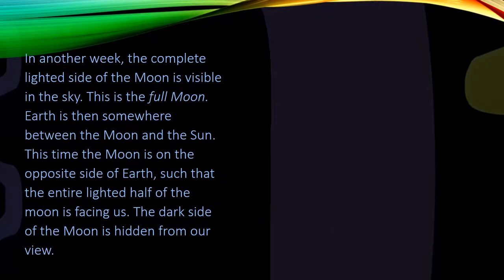In another week, the complete lighted side of the moon is visible in the sky. This is the full moon. Earth is somewhere between the moon and the sun. This time the moon is on the opposite side of the Earth, so the entire lighted half of the moon is facing toward us. The dark side of the moon is hidden from our view.